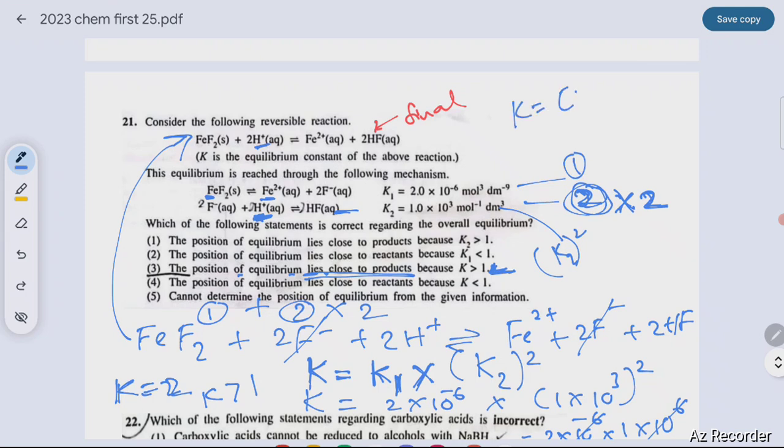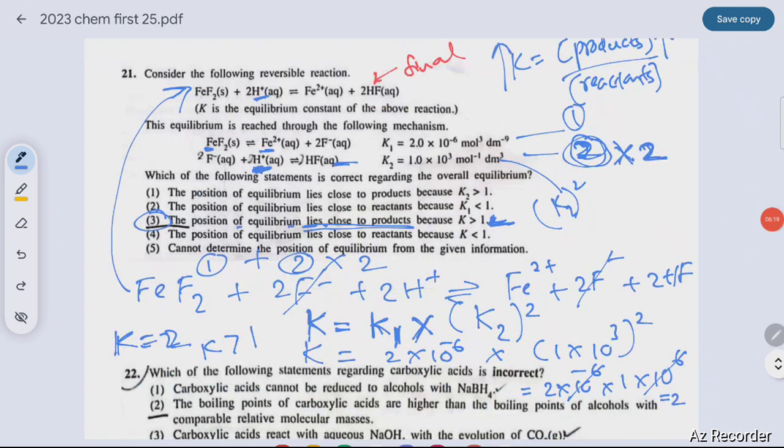We divide the products' concentration by the reactants' concentration. So if we are getting a higher value for K, it means our products' concentration is high. So that means the position of the equilibrium lies close to the products. So the answer is 3.